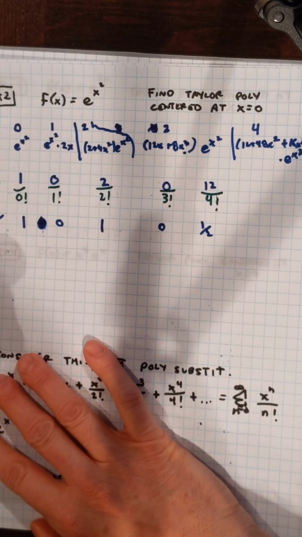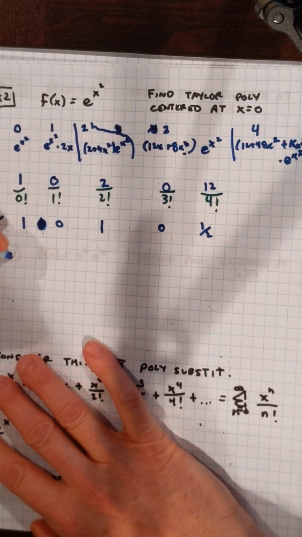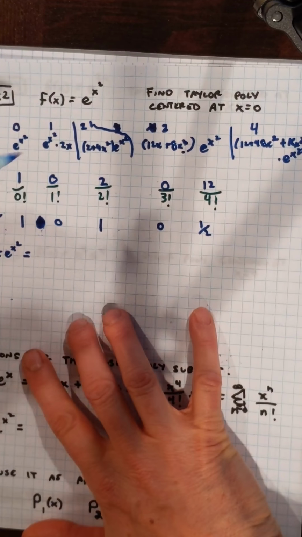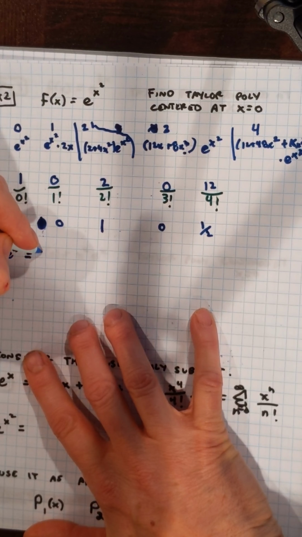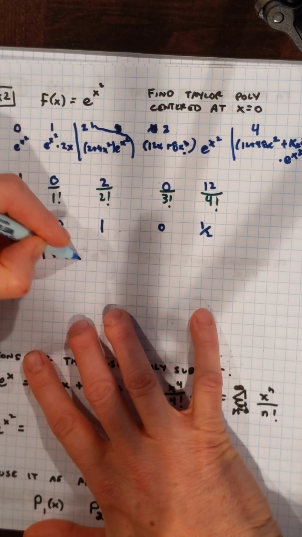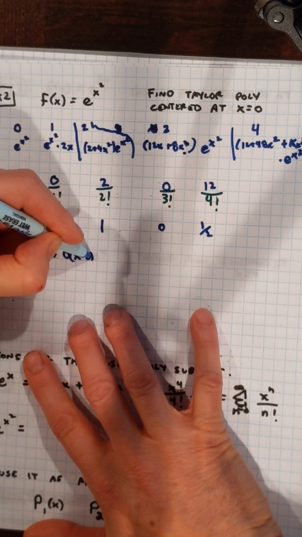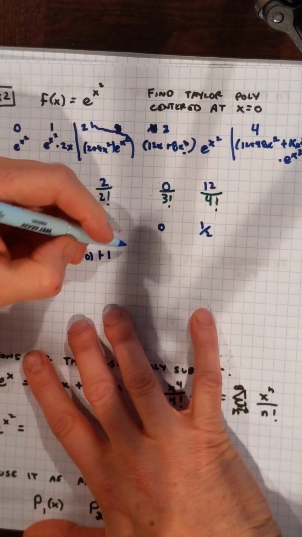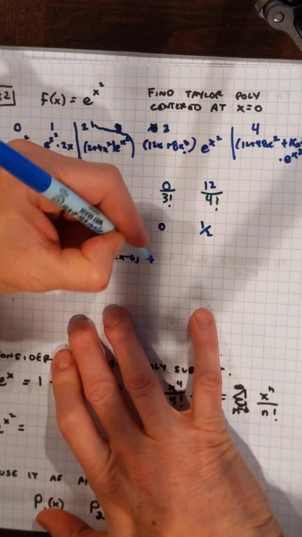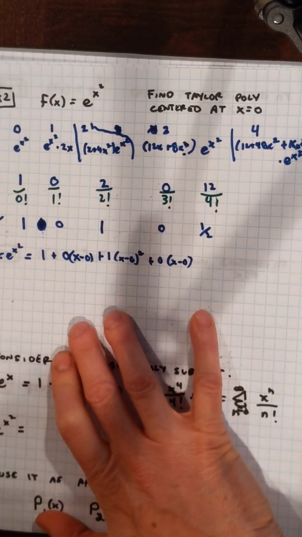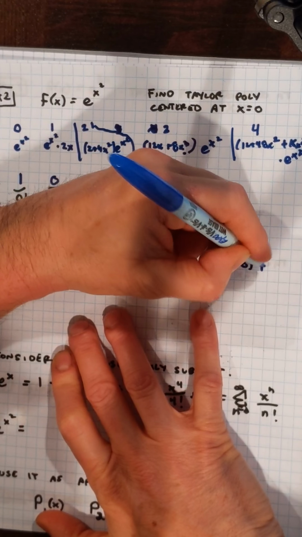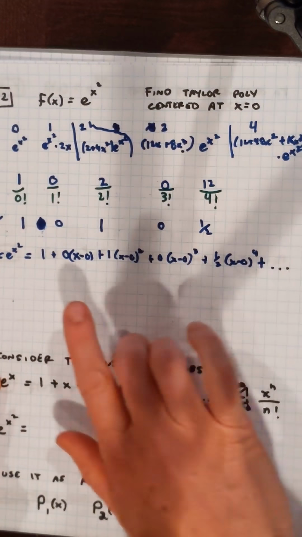So f of x is equal to e^(x squared), which is equal to, now I'm going to have to consider the infinite series if I'm going to call it equal, 1 plus 0 times (x minus a), where a is my center, 0, plus 1 times (x minus 0) squared plus 0 times (x minus 0) to the third plus 1/2 times (x minus 0) to the fourth plus dot dot dot.